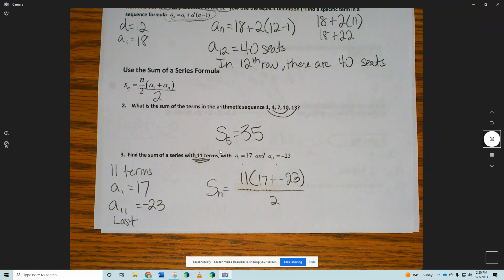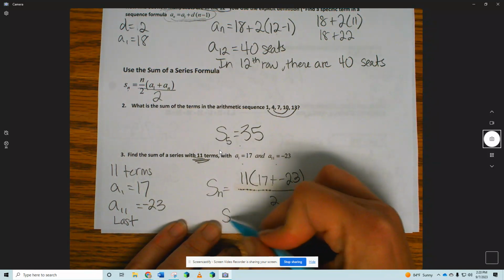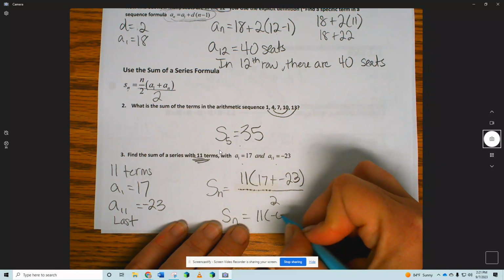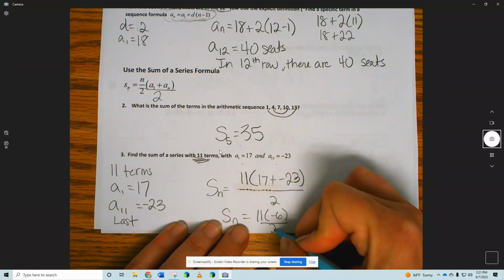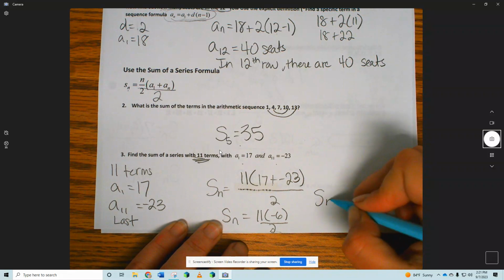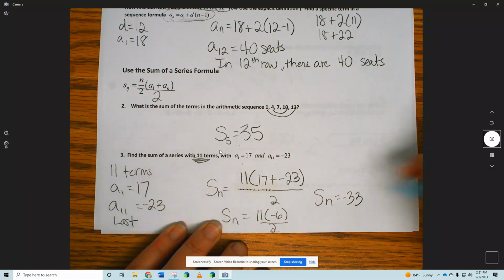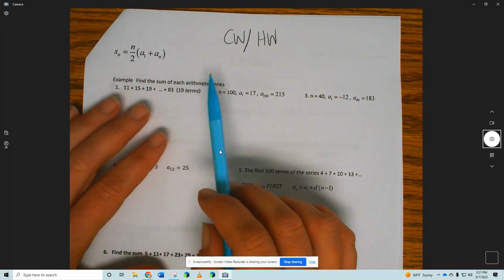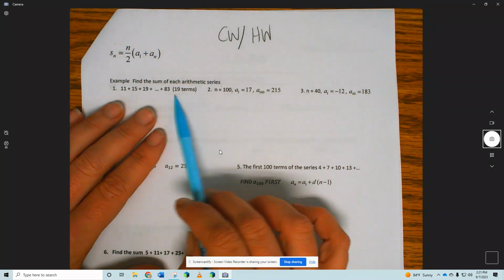So how about Esteban and Anthony? What'd you guys get? Negative 33. 11 times negative 6 over 2. The sum of those lists of numbers is negative 33. Okay? So we fixed number 1, right? 19 terms. Everybody got that?